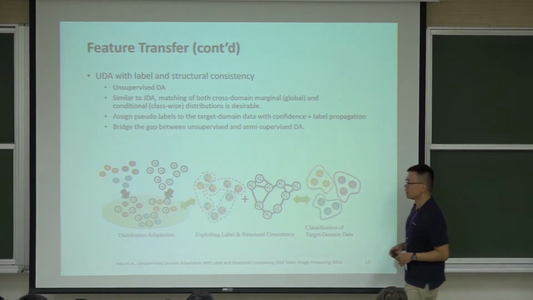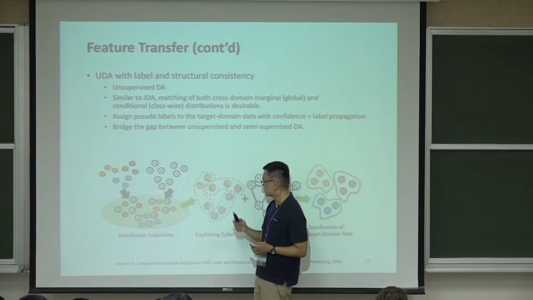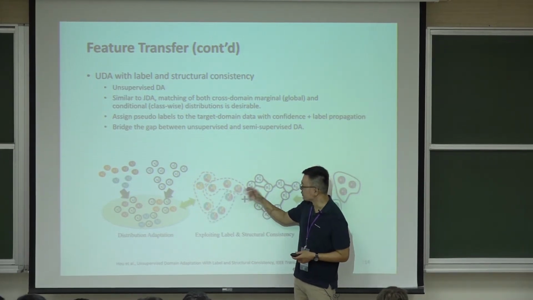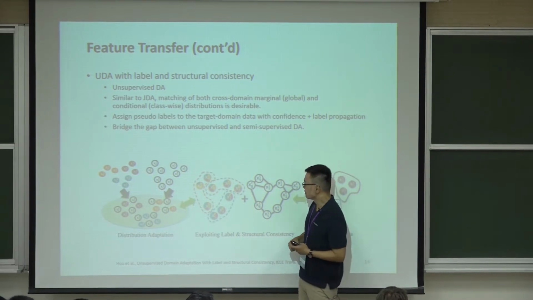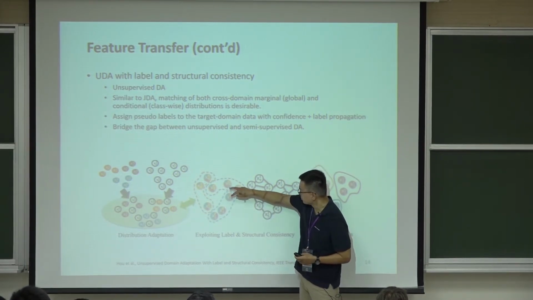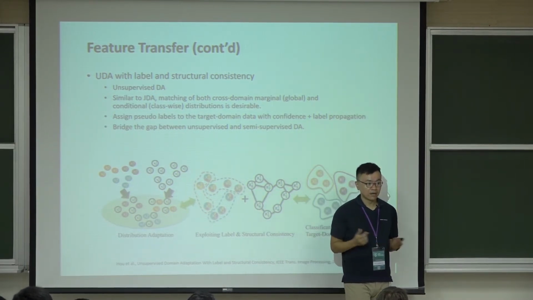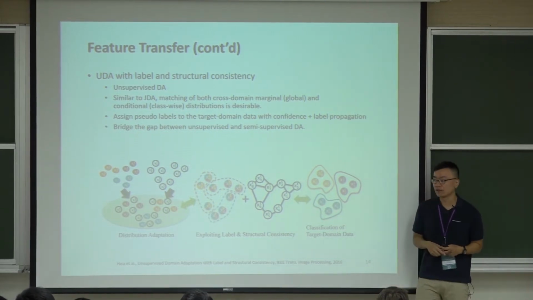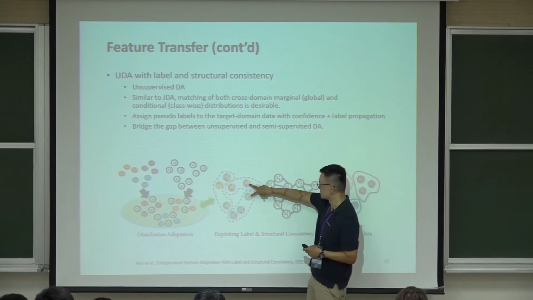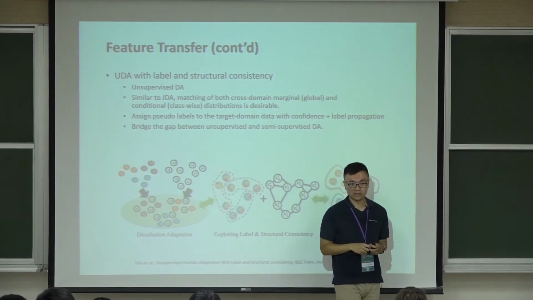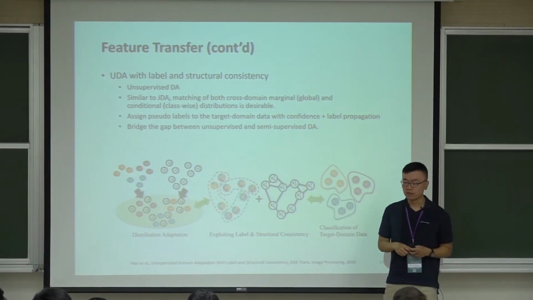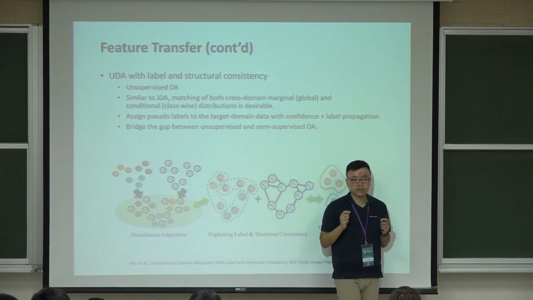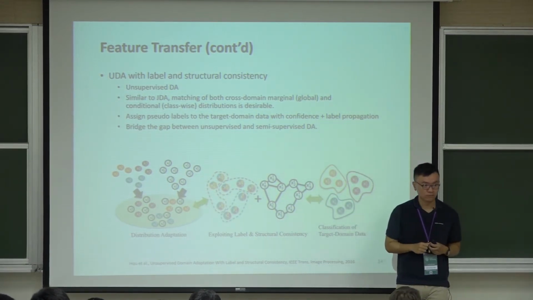For example, if you have an instance of the target domain which is predicted as class red, and two of your neighbors are also predicted as class red, then it is highly possible that you have the correct class prediction, right?